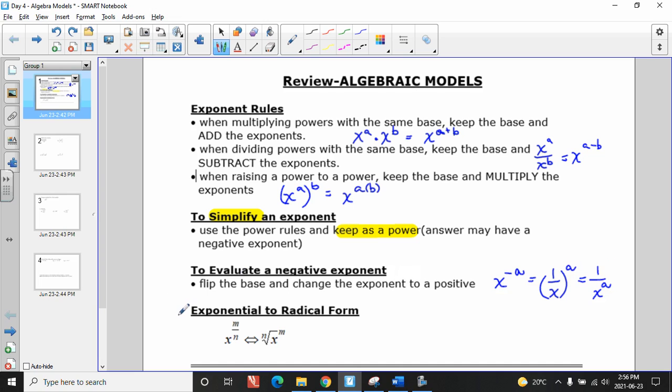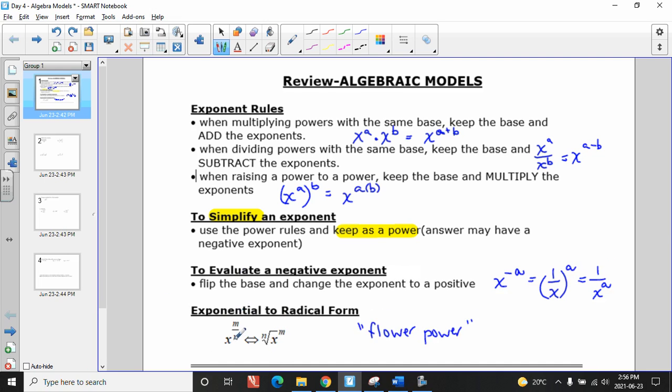The last exponent rule is changing between exponential and radical forms. Radical is a root. And with this one, I think I mentioned flower power as a visual way of remembering this one. These are questions where the exponent is a fraction.